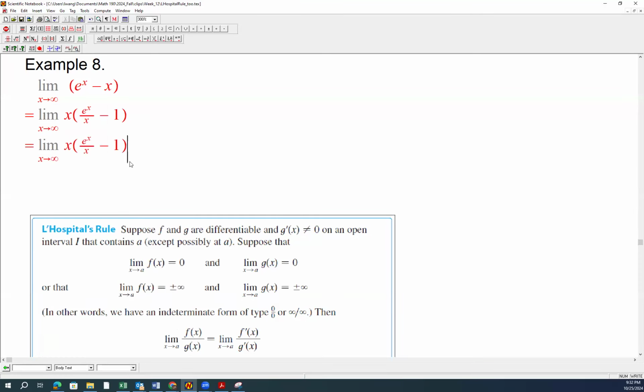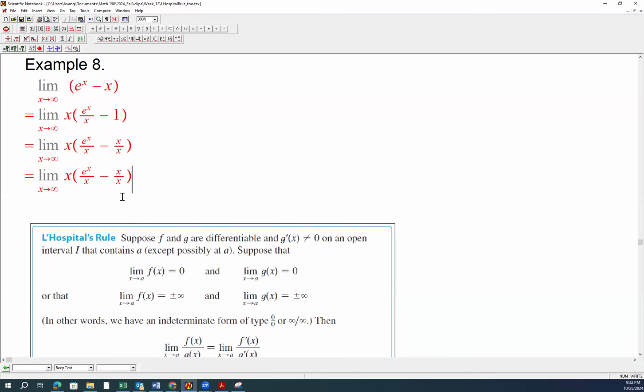So after this factorization, what do we do? If we make a common denominator, right? So this 1 will become x under x. And then we keep the same denominator, and subtract the numerators.